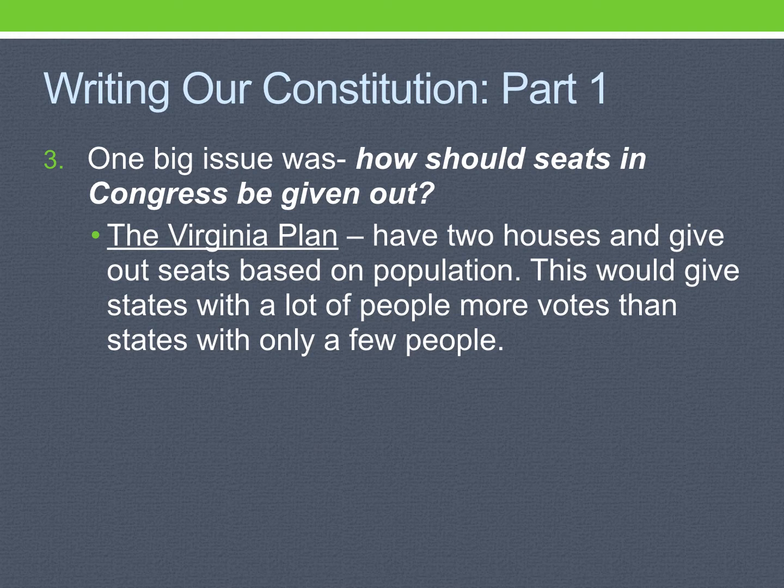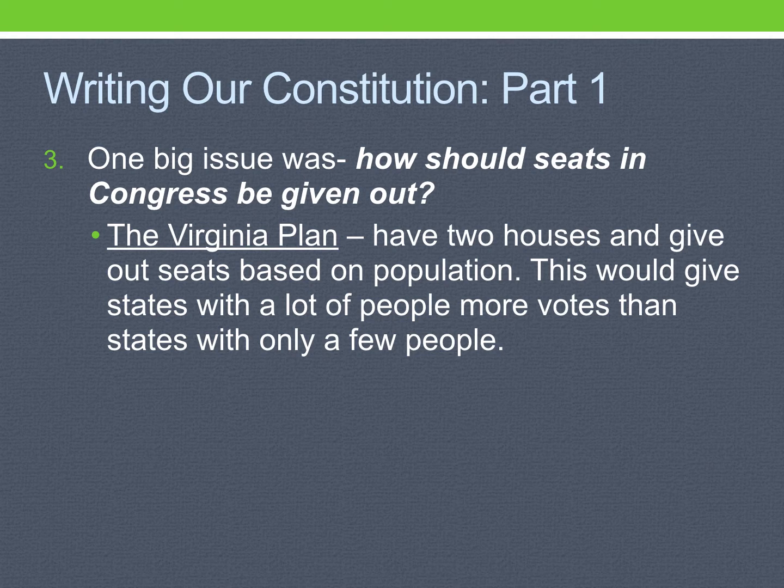Well, the bigger states didn't like that. So the delegates from Virginia introduced what became known as the Virginia Plan. They suggested we should have two houses of Congress, and seats should be based on population.